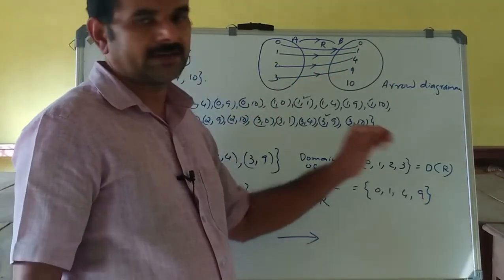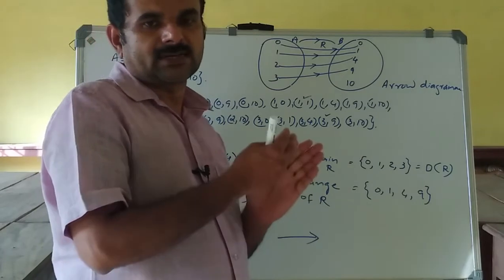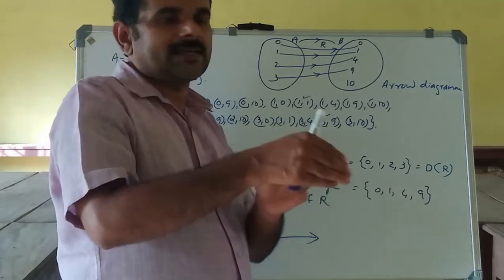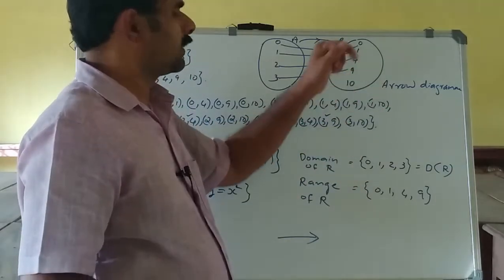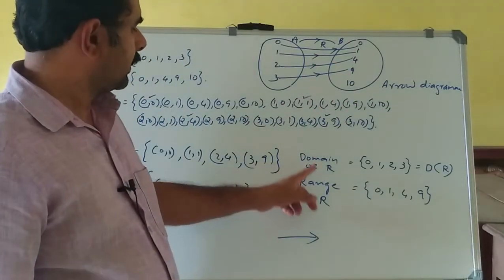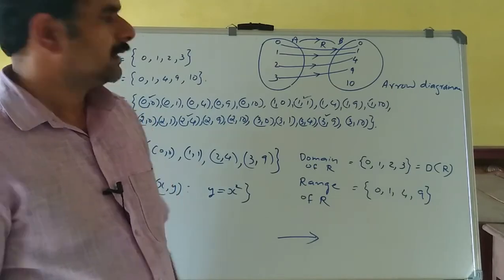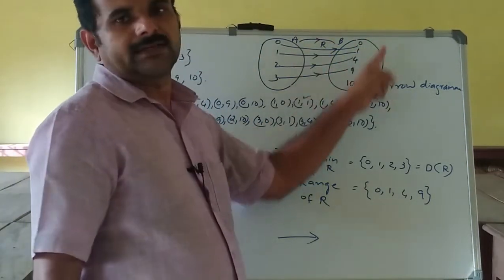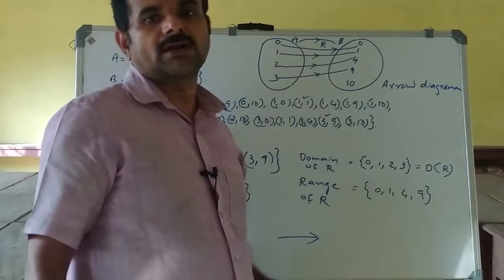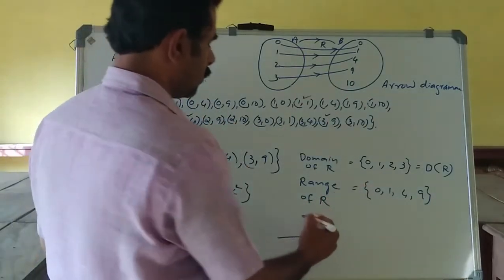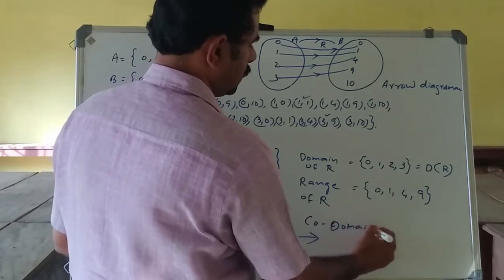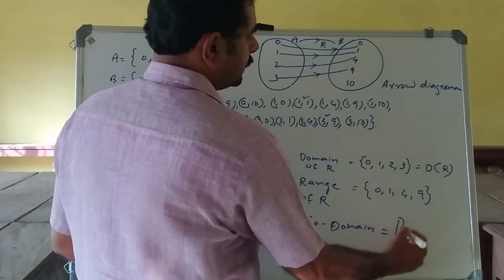The range set is a set of all elements at which the arrow marks end. So that is domain and range. Then the entire set B is called the codomain. Codomain means the second set.